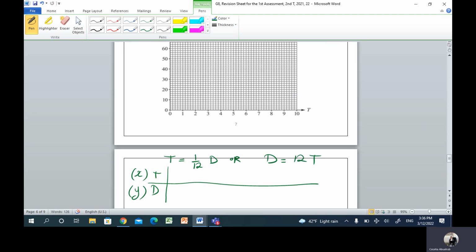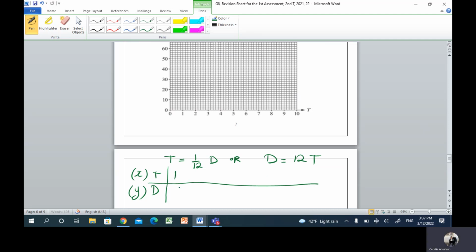Some people find it easier this way. This is totally up to you. Then you're going to choose values for T. Look here at the x-axis. You have 1, 2, 3, 4. So it would be easier for me if I choose T as any number. So let's say that you chose T as 1.